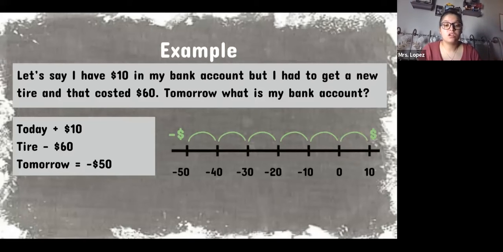Negatives are used in so many different things in life, in the world. We have negative in our bank accounts sometimes. We have negative weather, so like negative 3 degrees Celsius, or something that's really cold in science, negative 50 degrees Celsius.